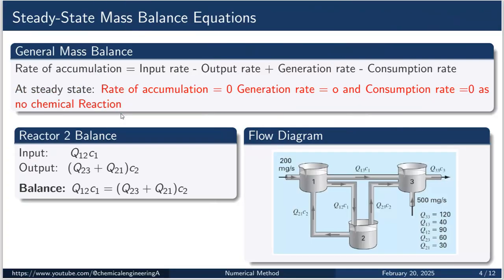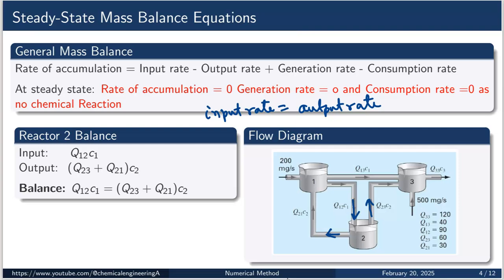Now for the reactor 2 balance, input rate is equal to output rate. For reactor 2, there is one input, that is Q12 C1, and two outputs, one here and another here, so Q23 plus Q21 into C2.